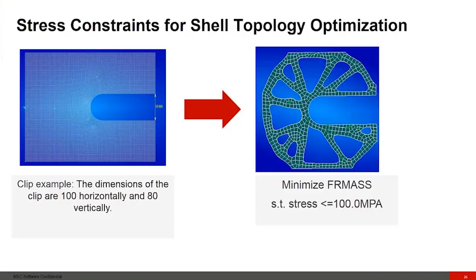This is the classic example of a clip on the left-hand side and the optimized shape on the right-hand side using our stress constraint for shell topology. In this case, as you can notice, the optimized shape is not symmetrical, and that is because the loading and boundary conditions that we defined for our initial part were not symmetrical.